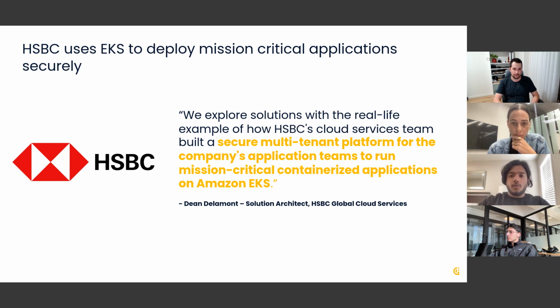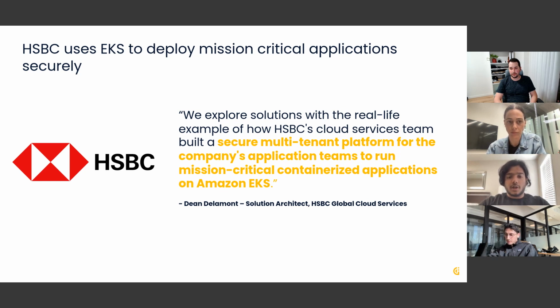Right now, one of the world's largest banks, HSBC, uses Amazon EKS to power their cloud services platform. They've built a secure multi-tenant platform so that their application teams can run containerized applications without issues.